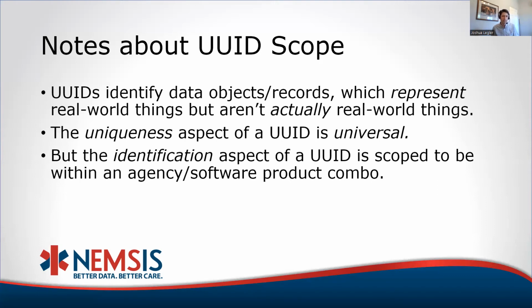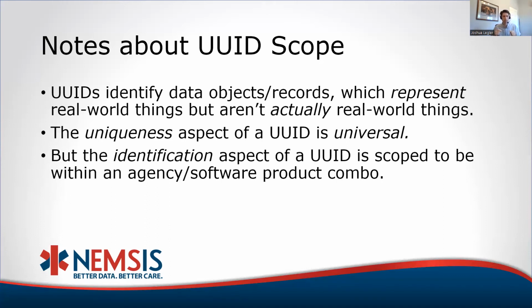Second, the uniqueness aspect of a UUID is universal. As I said earlier, when a UUID is generated, no one will ever generate that same value ever across time or space. Well, maybe in 1400 years from now. So that value is universally unique.